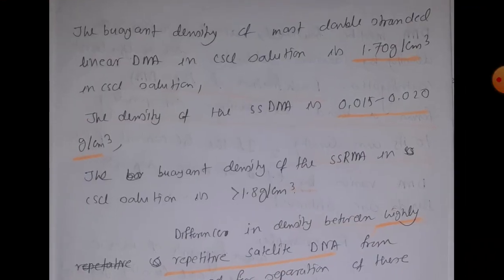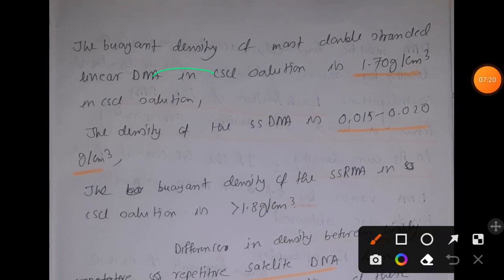Now here is some interesting information. If we run a sample in a density gradient centrifugation which consists of linear double stranded DNA, single stranded DNA and single stranded RNA, then you will get a band for linear double stranded DNA at the bottom, a band for single stranded RNA at the middle, and single stranded DNA at the top.